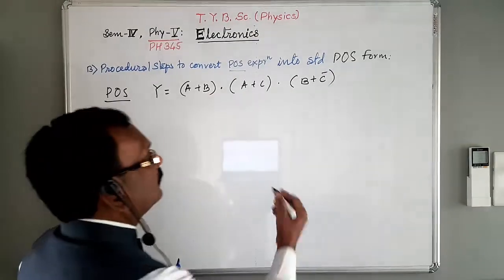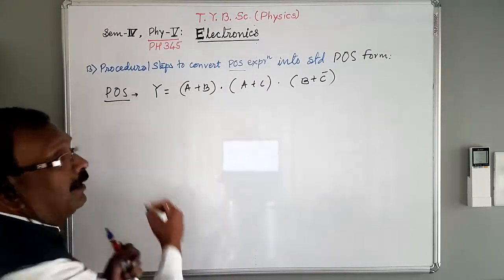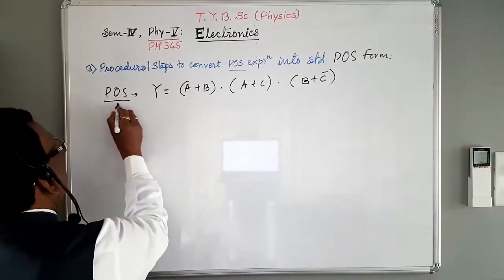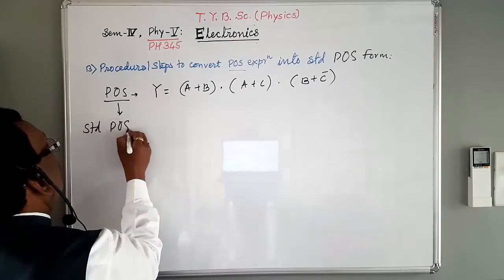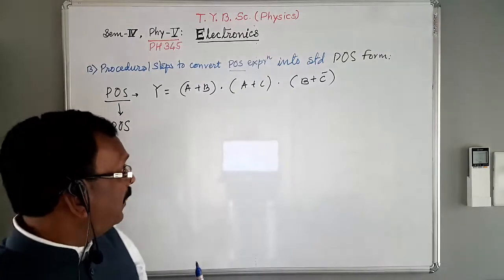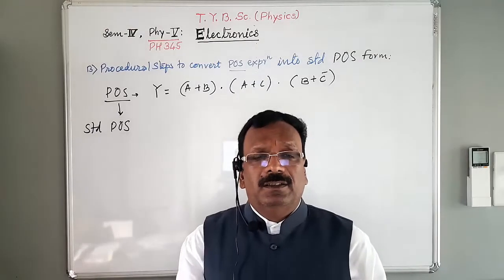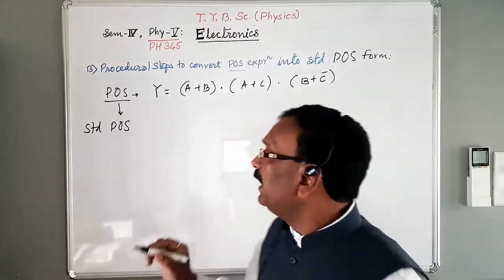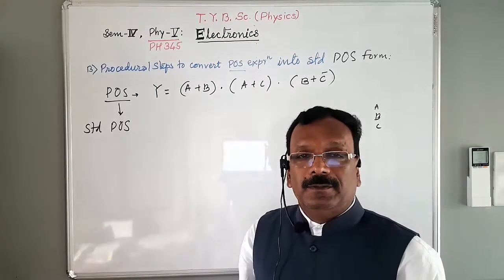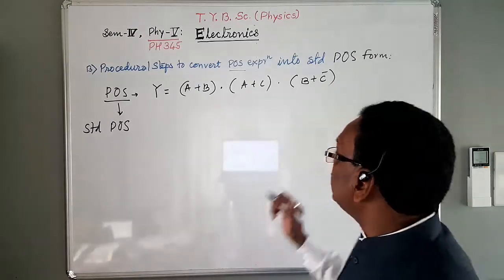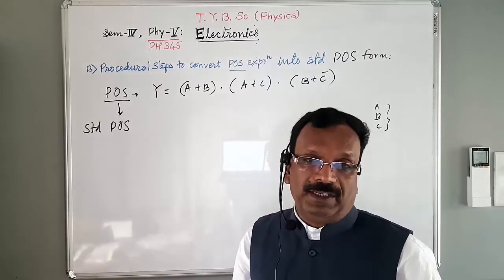So this is POS form, product of sum form. Now we have to convert this product of sum expression into standard product of sum. For that purpose, what do we have to do? In this expression there are three variables, A, B and C, either in complemented or uncomplemented form.